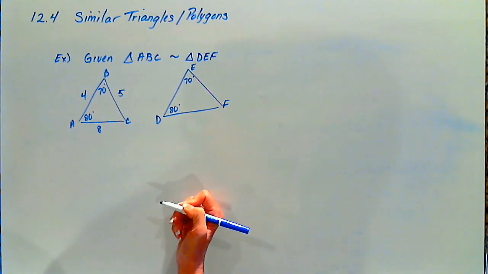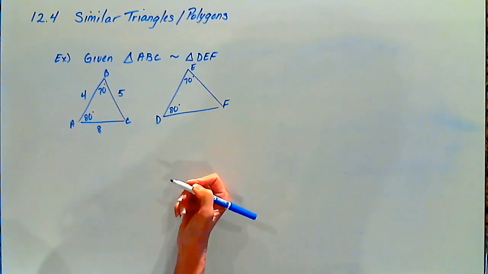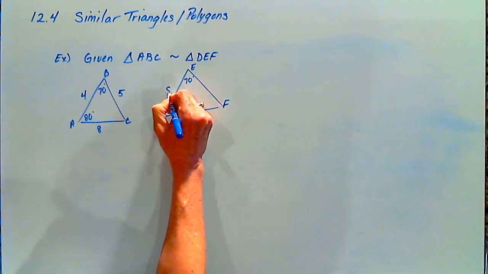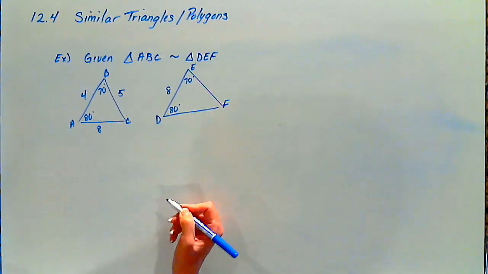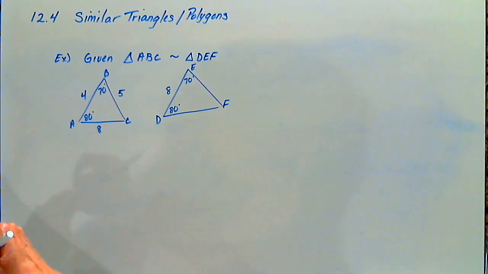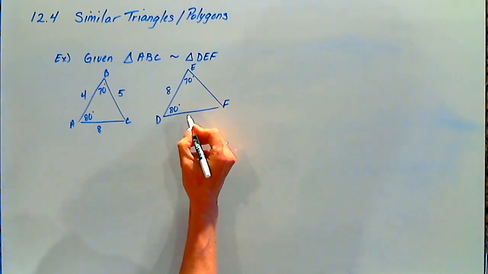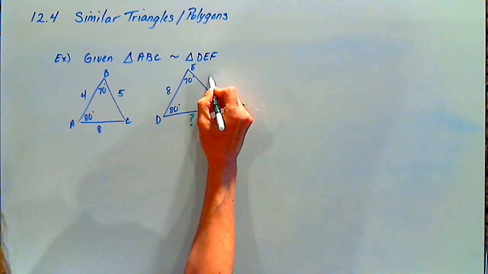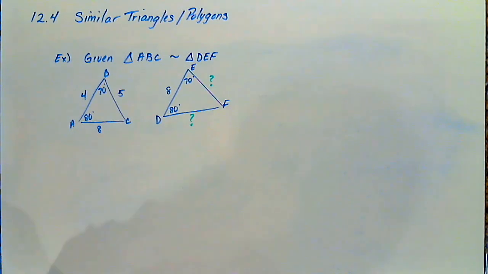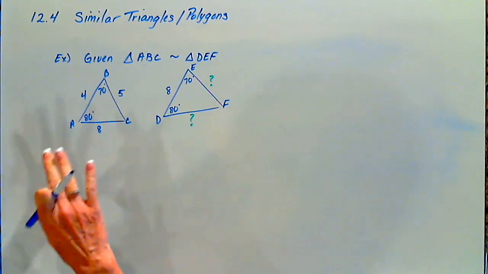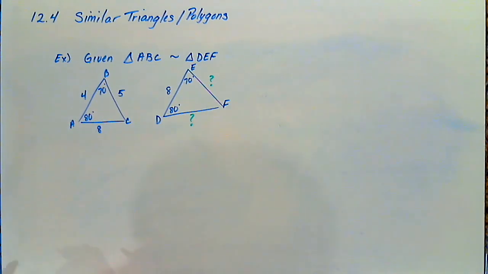And at this point, I need one of the sides, so I'm going to give you that side DE is 8. And what I would like to do is determine what the side lengths must be on the other two corresponding sides. So you know me, I like to start with what I know first and identify what's already given.